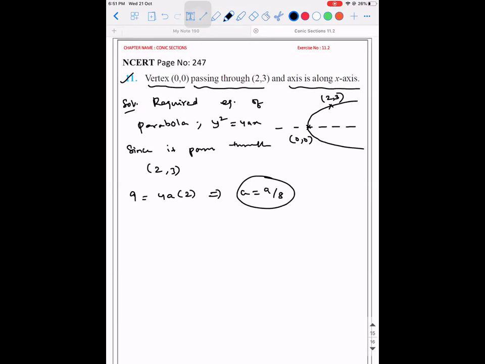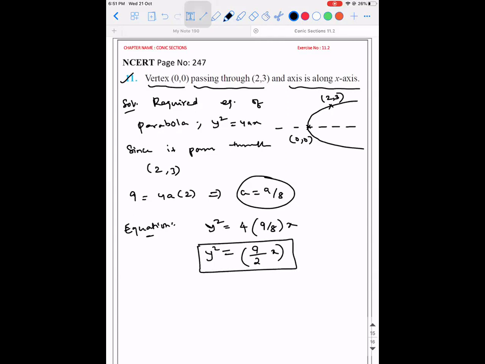So equation will be what? y square is equal to 4 into a into x. So y square is equal to 9 by 2 times x.